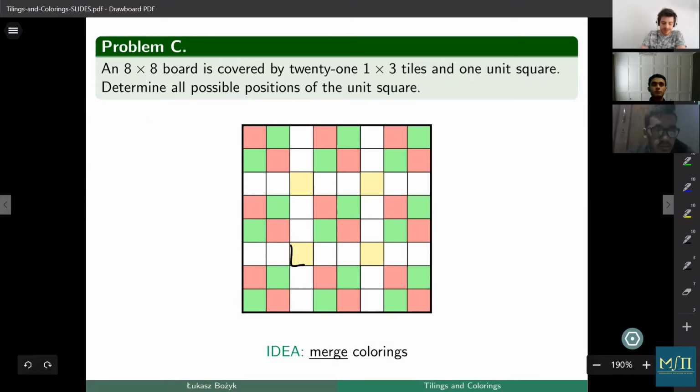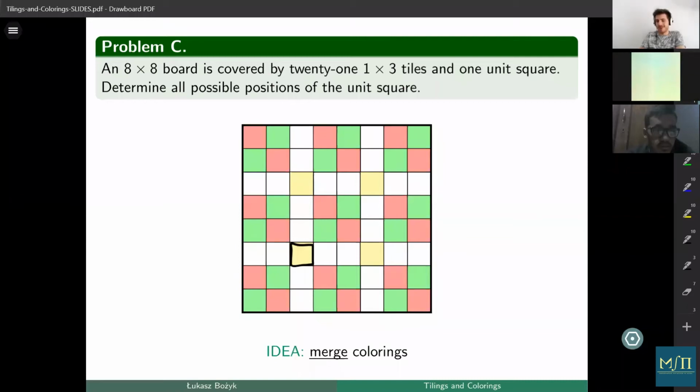What we need to do, and please don't forget about it, because that's the place where on Olympiads you probably most often get points off in coloring problems, is to show that there are possible placements of tiles for which this is covered by a unit square. Because maybe for some other crazy coloring, those are also bad for us, just as were the red ones and green ones on the previous pictures.